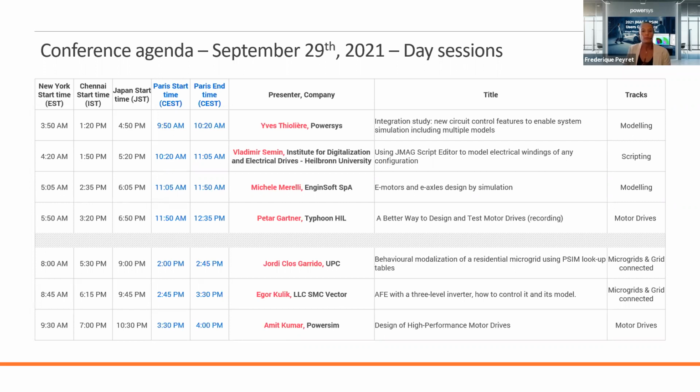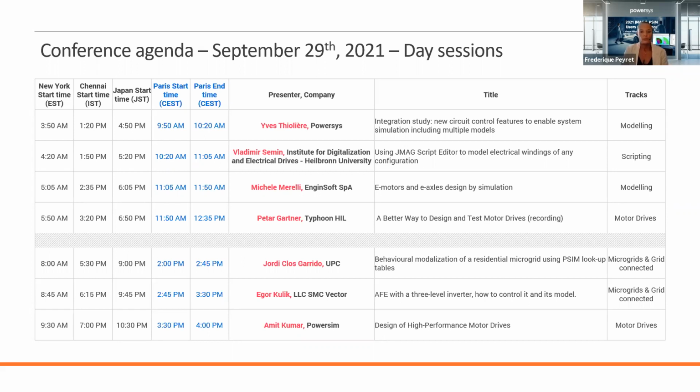In the afternoon, we will have the PSIM related presentations, and we will start the afternoon at 2 p.m. with Jordi Klaus Garrido from UPC. His presentation will be about the behavioral modelization of a residential microgrid using PSIM lookup tables.